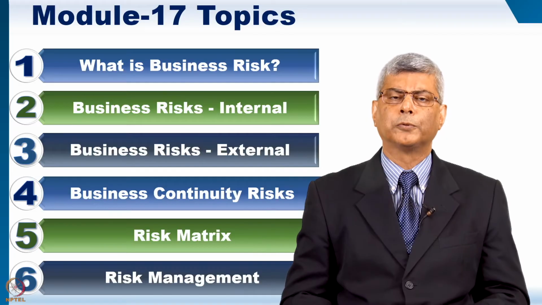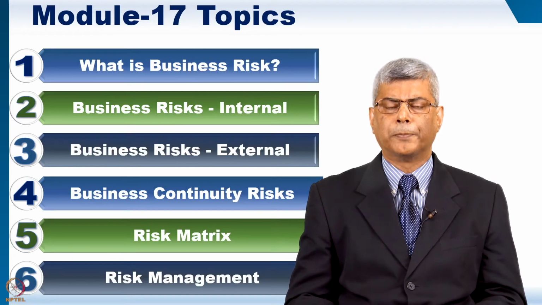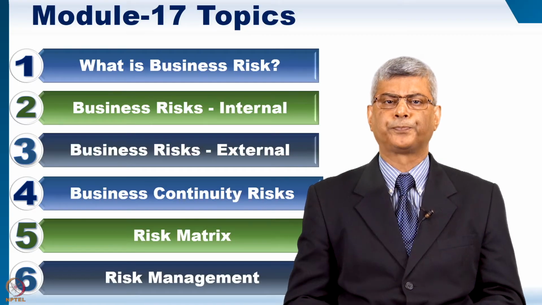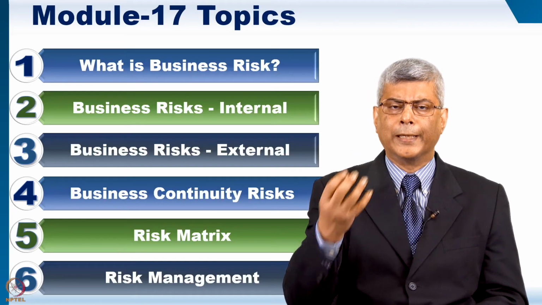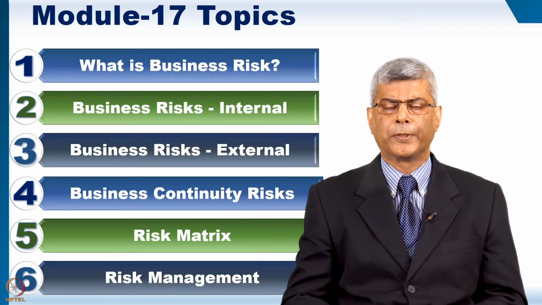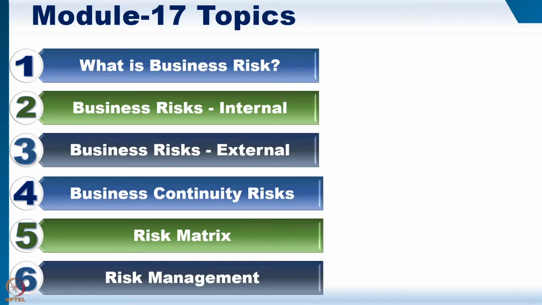We'll then talk about some really critical risks, which are called business continuity risk, which can actually shut down a company. And then we'll talk about how do you identify and classify risk, and then how do you manage risk, and then we'll look at an example.